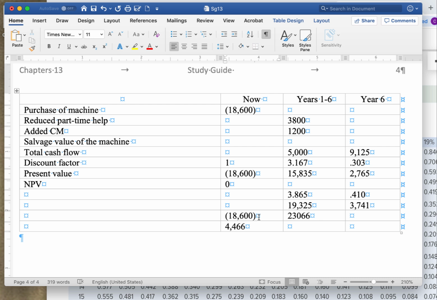So 16% ain't right. Why? Because my net present value is not zero. The internal rate of return of this project is higher than the hurdle rate. So I've got to keep going up and up until I hit 22%. The internal rate of return of this project is 22%.